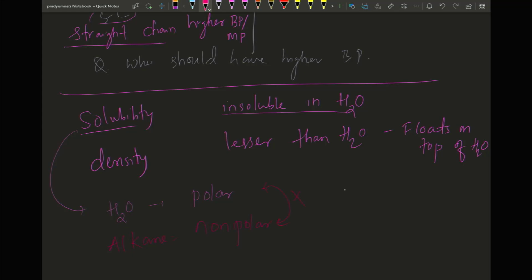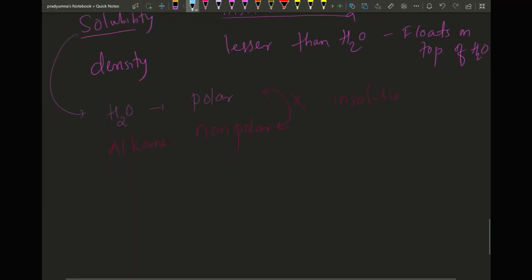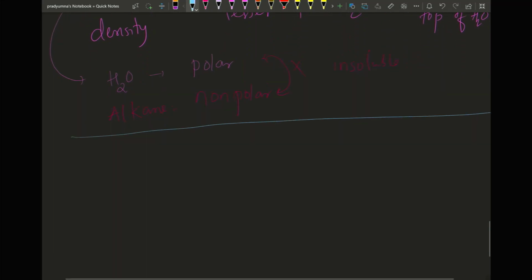So that's why they are insoluble. Alkanes can be soluble if there is a non-polar solvent that you can find. So they would be soluble. But since we are comparing water versus alkane, you cannot mix them. They will be insoluble. Okay, last portion, the chemical property, which is reactions.